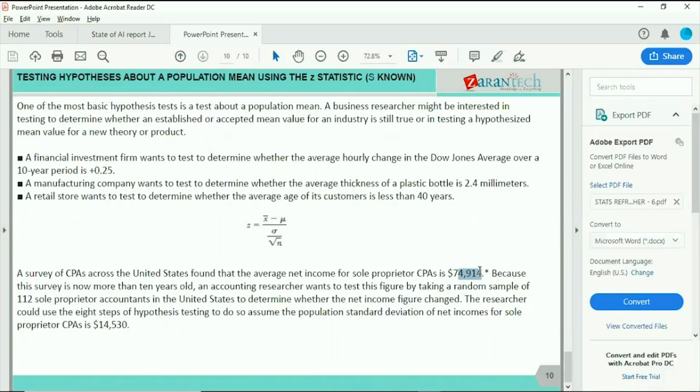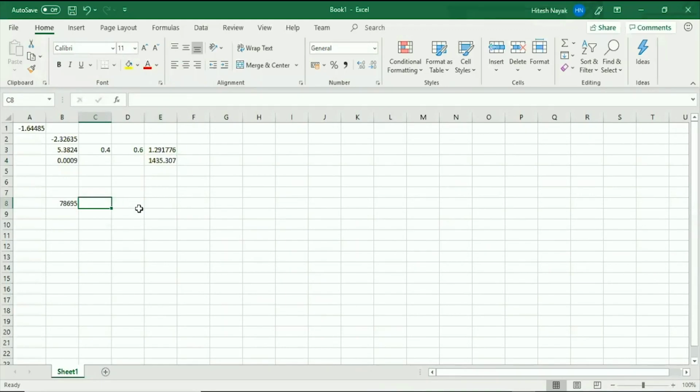Yeah, Vaishali, your answer is right. I have 2.75. Yeah, makes sense. That is the z score. Okay, great.